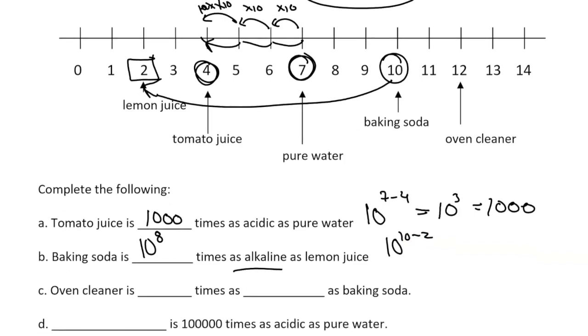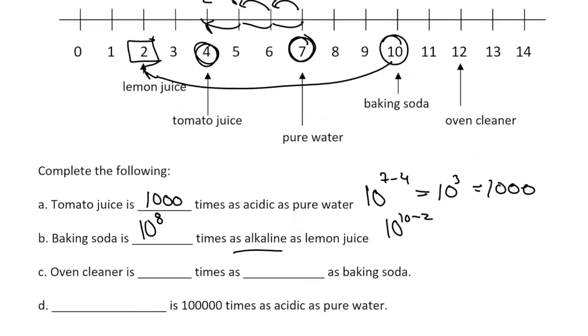Let's see what we could do with some of these other questions here. What if they say something about oven cleaner and baking soda? So oven cleaner is a 12 and baking soda is our 10. We could answer this question 2 different ways. So we know that going from 10 to 12 would be something that would be 100 times more alkaline. The level 12 is 100 times more alkaline than the level 10.